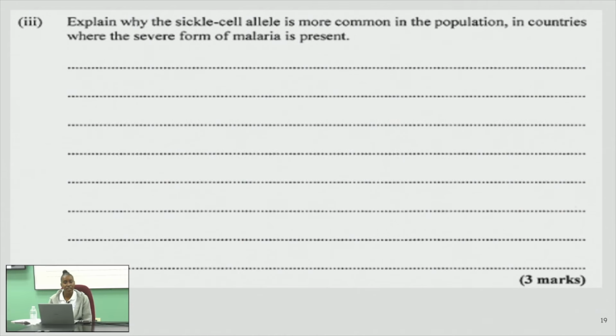All right? Now, since the sickle cell allele gives this advantageous edge to persons who are living in countries with a severe form of malaria present, you tend to see a higher percentage of it in the population. So you will see parents who are carriers for that trait. And when these parents are carriers and they mate together, they tend to have, as you saw on the board, a 50% chance of having a child who's a carrier.